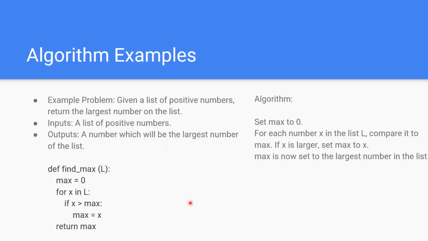So here's an example of an algorithm. Our requirement in this case is: given a list of positive numbers, return the largest number in the list. And this is a way a lot of times an algorithm is written.